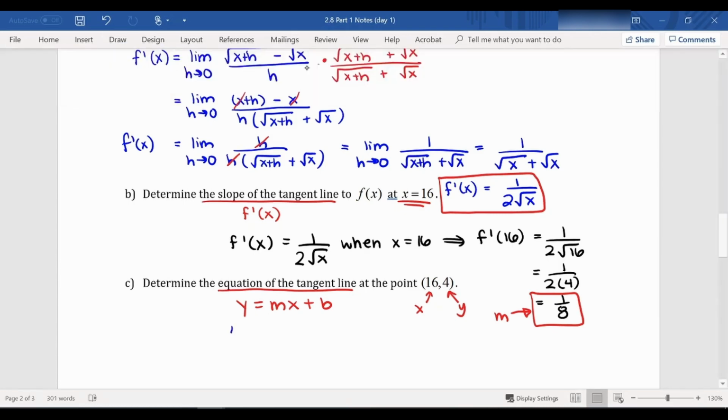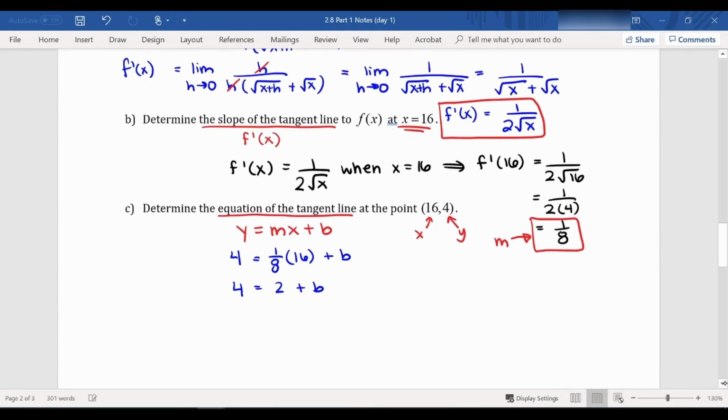So we have y is 4. Our m we just found was 1 over 8. Our x is 16, and we need to find b. So we get 4 equals 2 plus b, or b equals 2. So we have y equals 1 over 8x plus 2.